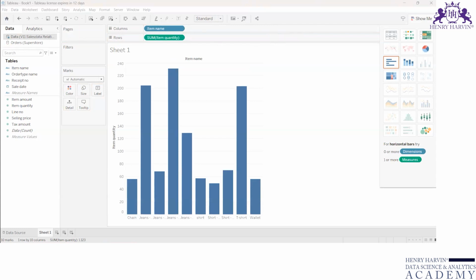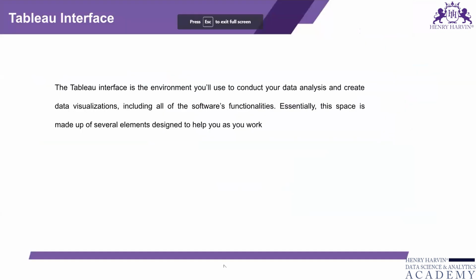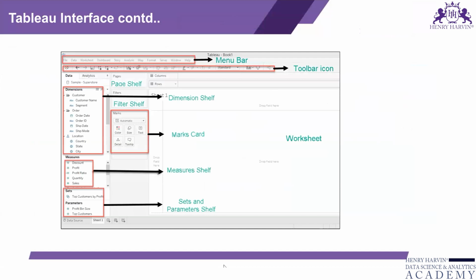So these are some preliminary things that you should be aware of, and accordingly, we can do a lot of things. Now, let me come back to the PPT. So we were talking about the Tableau interface. And this is how it looks, right? So this particular pane that you see is referred to as the menu bar, where we have all the menus. You can just open it on your system and relate.